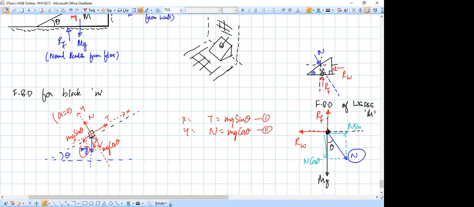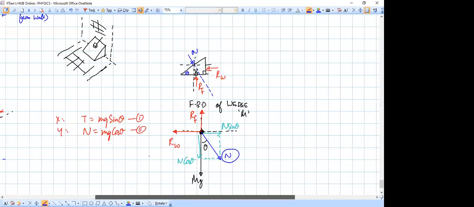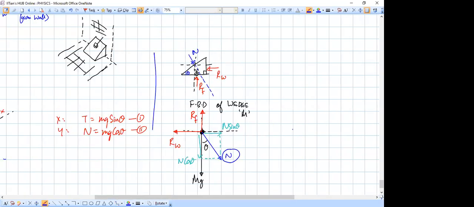So your equations here: n sin theta will balance this, and the reactionary force of the floor will balance n cos theta plus capital M g.